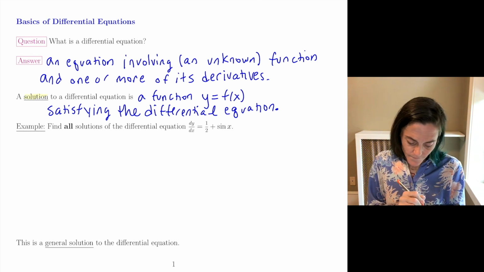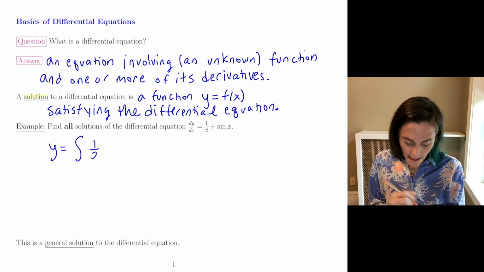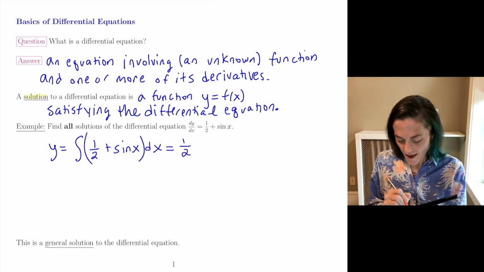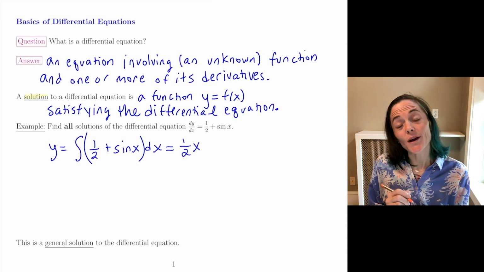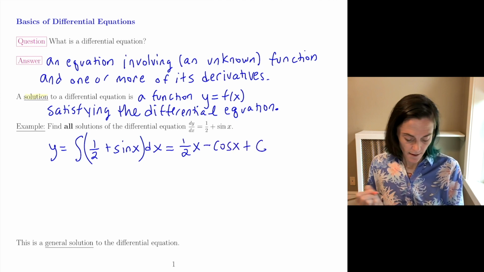So we will have y is the integral of 1/2 plus the sine of x dx. We have 1/2 x, and then when you integrate sine, we get negative cosine, so minus cosine x plus c.